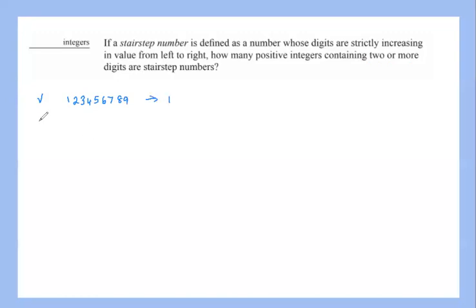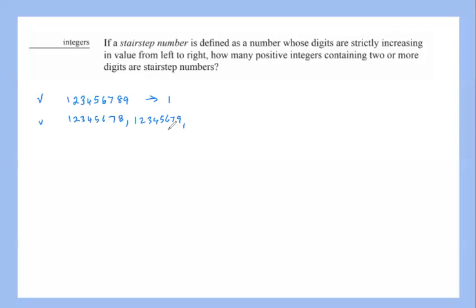But if I'm looking for 8-digit numbers, I could have 1, 2, 3, 4, 5, 6, 7, 8. After 7, we could also go with 9. This is another one. In this one, we were missing 9.